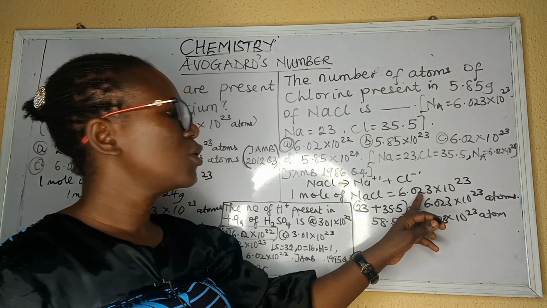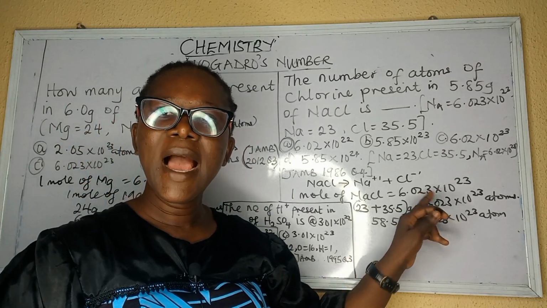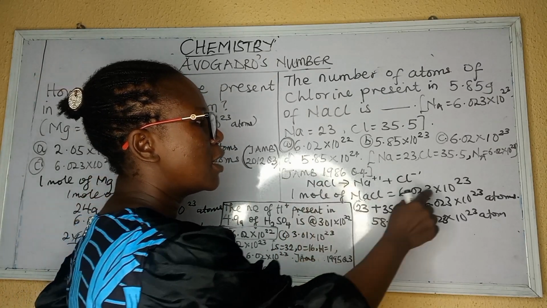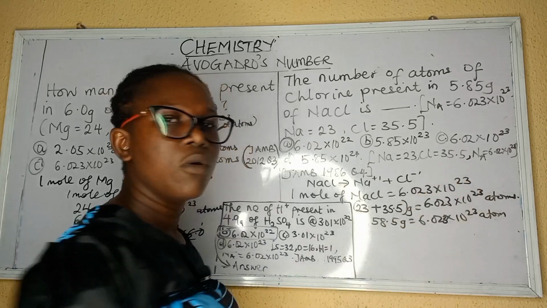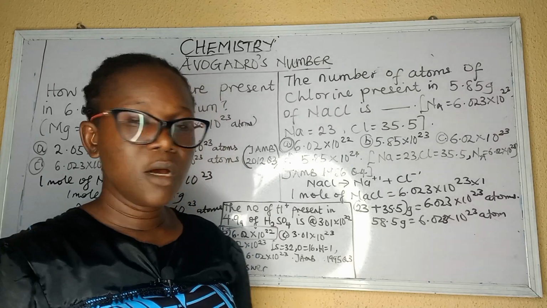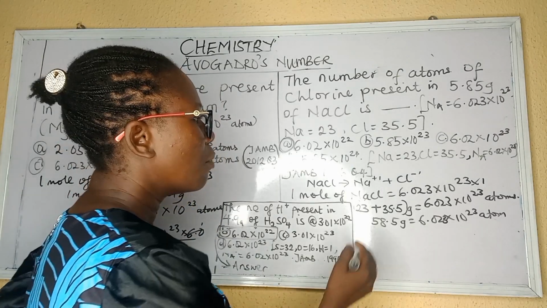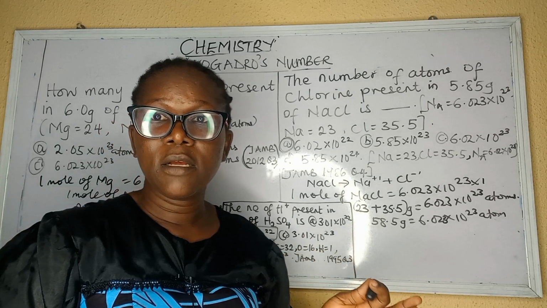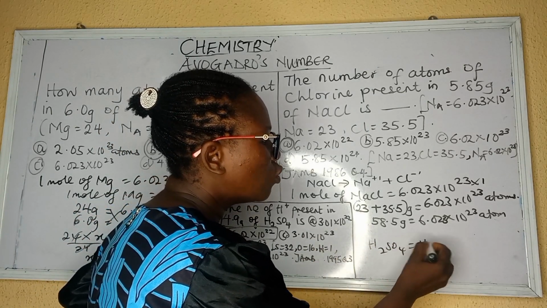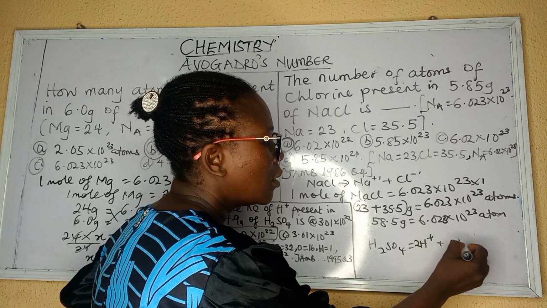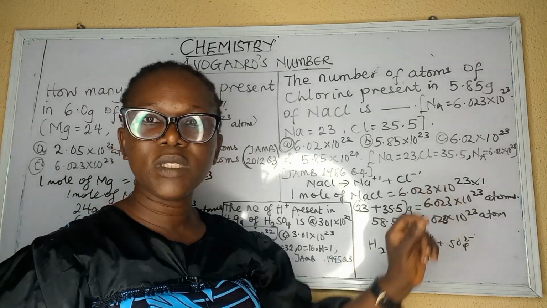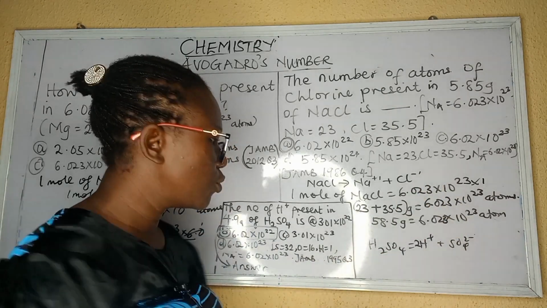Now, why did I use 6.023 here? If I have more than 1 chlorine in sodium chloride, I will multiply this number by 2. But I have just 1 chlorine. That's why I'm multiplying this by 1, which does not make any difference. But in case you are working with something like a tetraoxosulphate(VI) acid like H2SO4, in this case you have two hydrogen ions here. So the number of atoms, that's Avogadro's number, will be multiplied by 2.